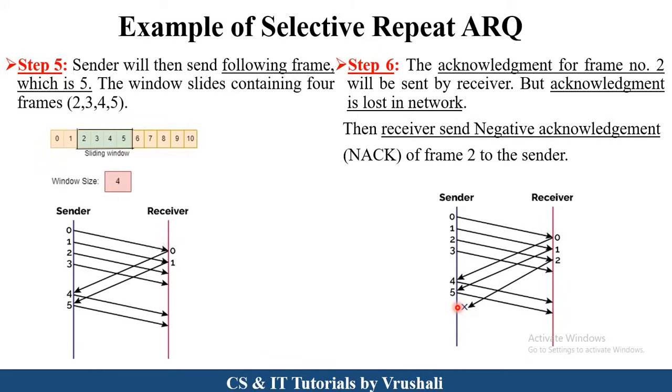Now what happened? In Go-Back-N ARQ protocol, they retransmit those frames again to the receiver, right? But here in the selective repeat request protocol, they send only the missing frame to the receiver. It means the acknowledgement of 2 was not received by the sender, so they send only frame 2 to the receiver.